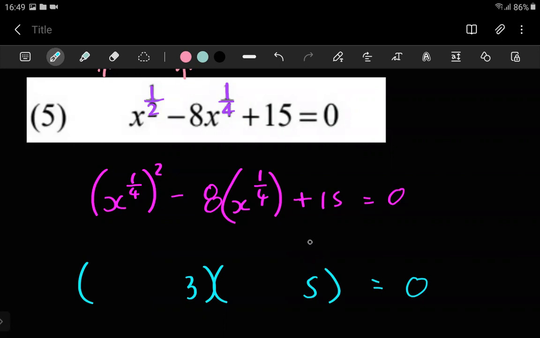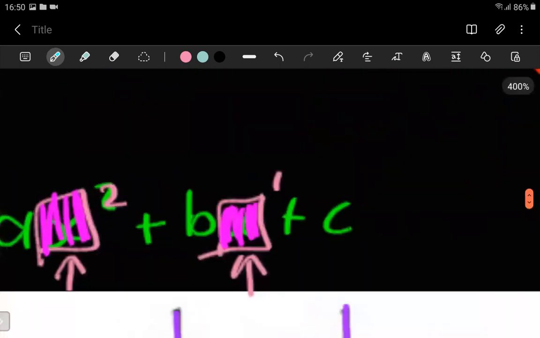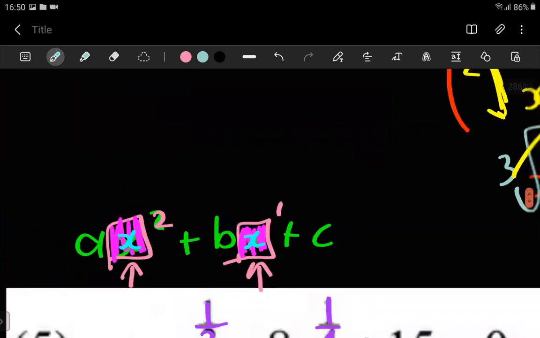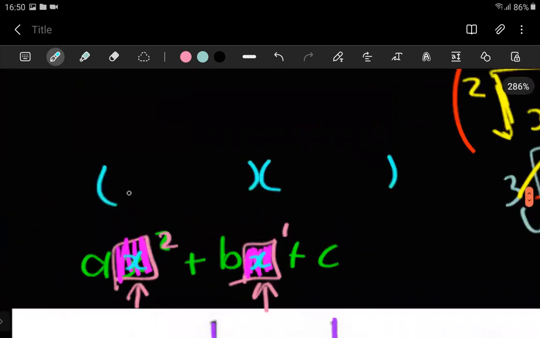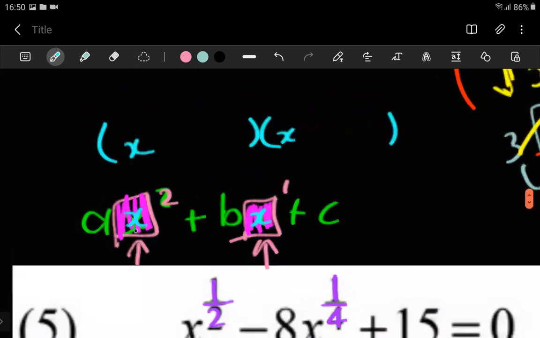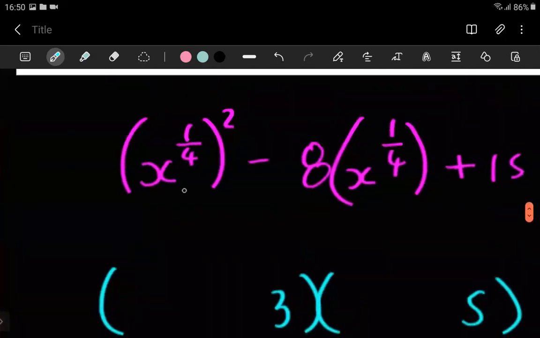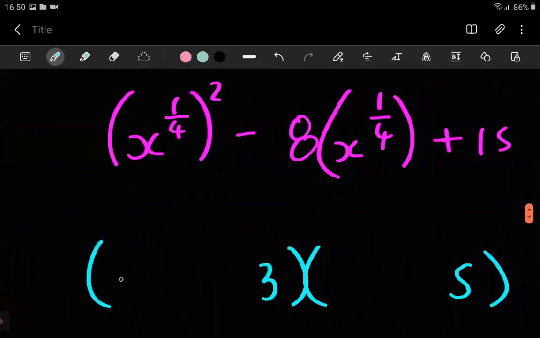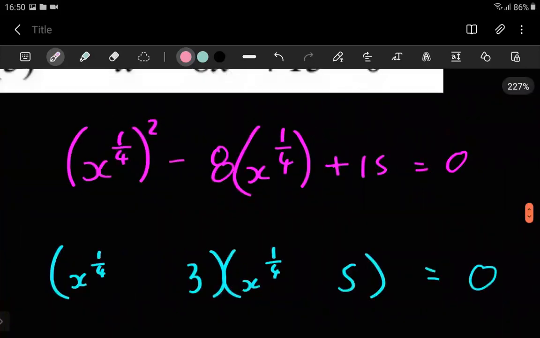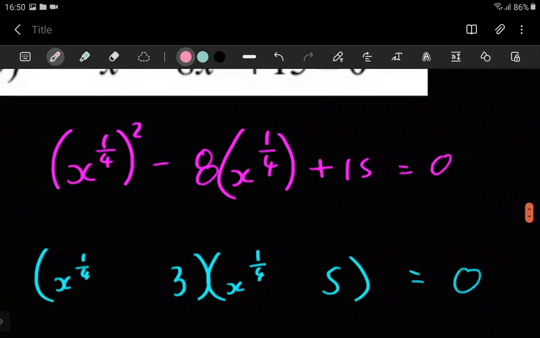And then, remember, if there was x here and x there, when you factorized you would have an x here and an x there. So it depends on whatever is there. In this case there's x to the power of a quarter, so you put x to the power of a quarter here, and the same here, and this is equal to 0. So you want to get negative 8. What do we put here?